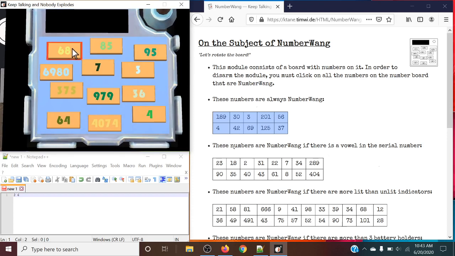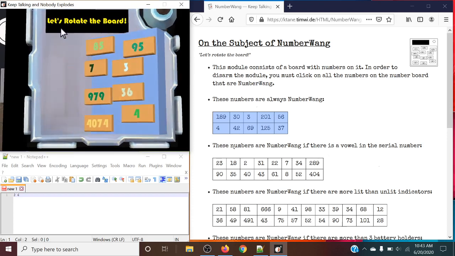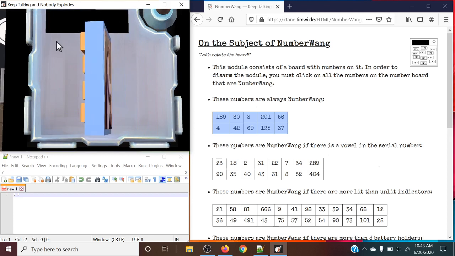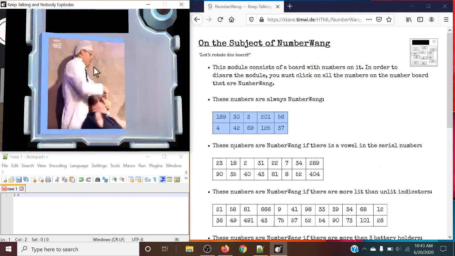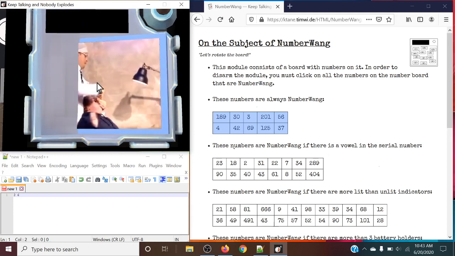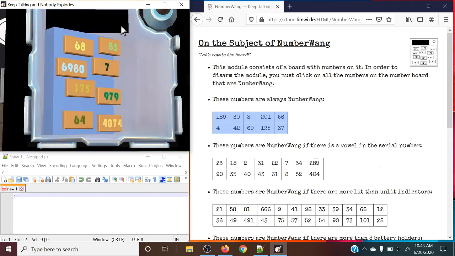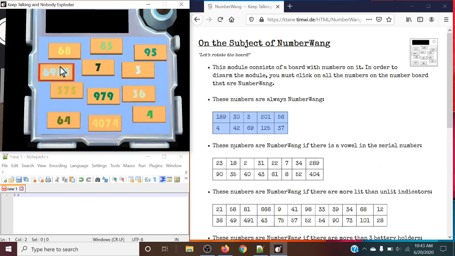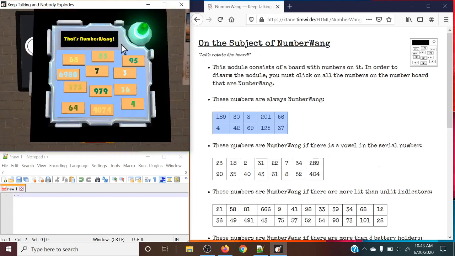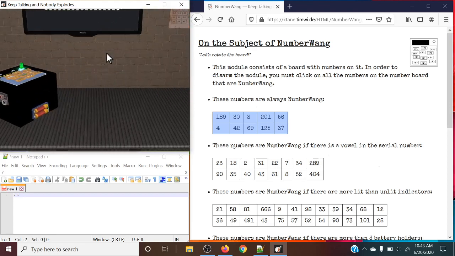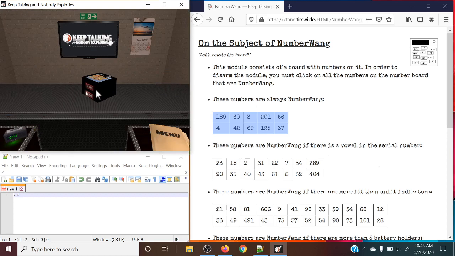We can press 68 as well. And let's rotate the board, and now it will show you a pretty goofy image. And that means we have 1 press left to do. And since I didn't press 6980, let's press that. And that's NumberWang. Let's take a look at another.